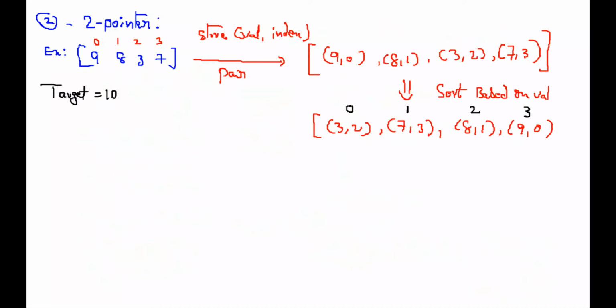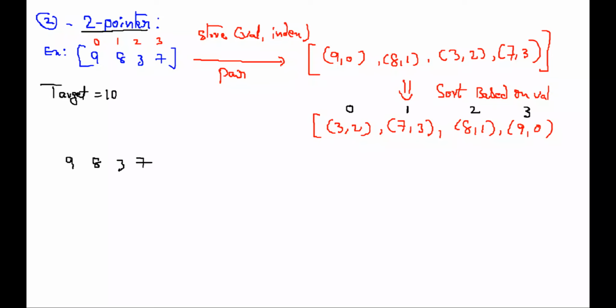Now here is another method, that is the two-pointer method. In this two-pointer method, first of all, we have to keep the elements in sorted order. Suppose what is our array? Our array is 9, 8, 3, 7.